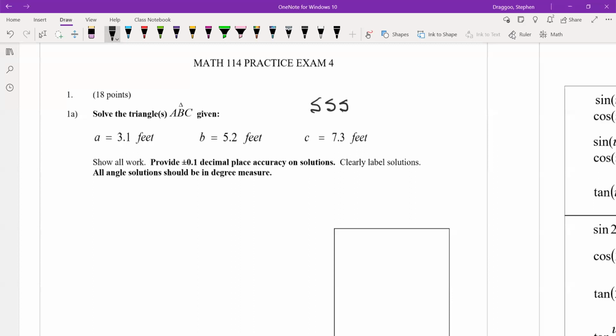Because it's possible to have an obtuse angle inside of a triangle, as long as it's a non-right triangle or an oblique triangle, like we've been looking at with these law of sines and law of cosines problems, we should solve for the largest one first. I talked so long I lost the original point. Let me try again. Because there could be an obtuse angle, we should solve for that potentially obtuse angle first, because cosine inverse is the only inverse function that's capable of solving for obtuse angles.